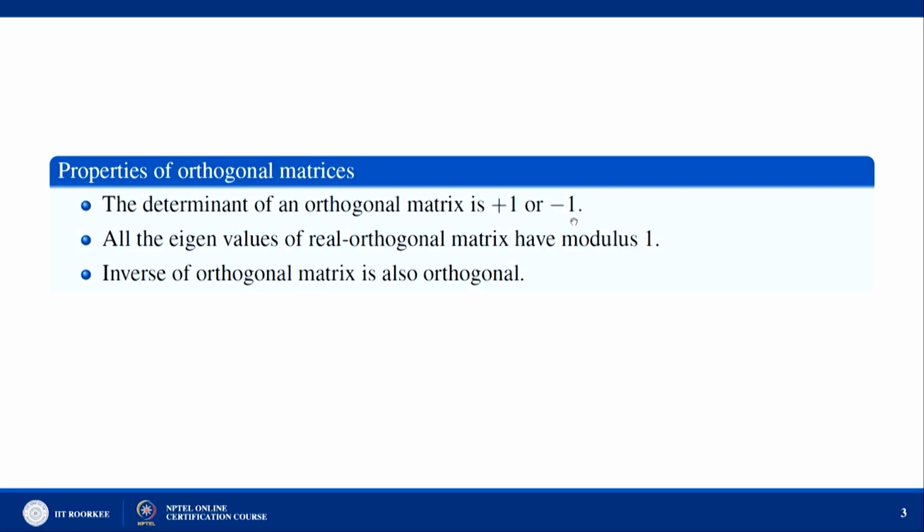It is very easy to verify. For an orthogonal matrix, A into A transpose is equal to identity. Take determinant both sides: determinant of A into A transpose is equal to determinant of I, and this implies determinant of A into determinant of A transpose is equal to 1, because determinant of identity is 1.